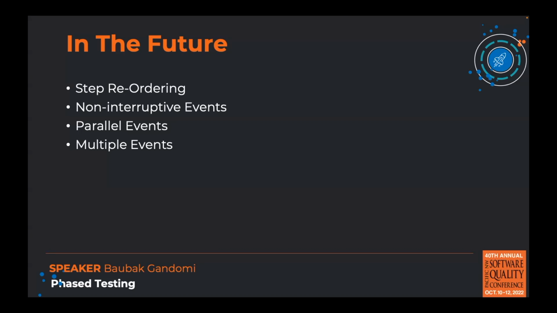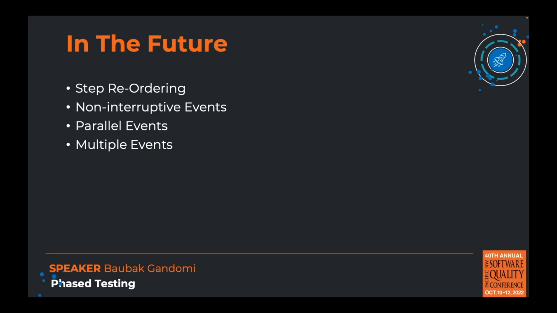Another item, which I'm very excited about, are parallel events, things that happen not between steps, but during a step. That would consist of chaos testing, actually. And we think that in the implementation we've done with phase testing, we should be able to implement parallel events and also do chaos testing of our scenarios.